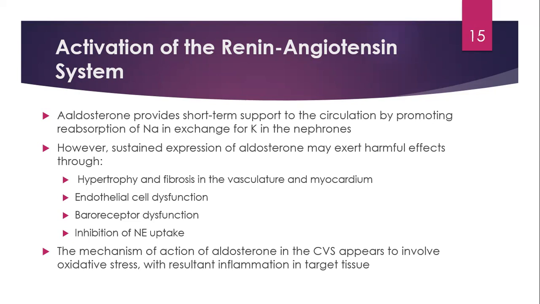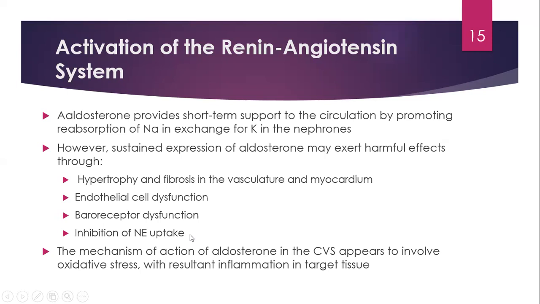But however, when this is sustained, aldosterone has many harmful effects. This happens through hypertrophy and fibrosis in the vasculature and the myocardium, endothelial cell dysfunction, baroreceptor dysfunction, and inhibition of norepinephrine uptake.